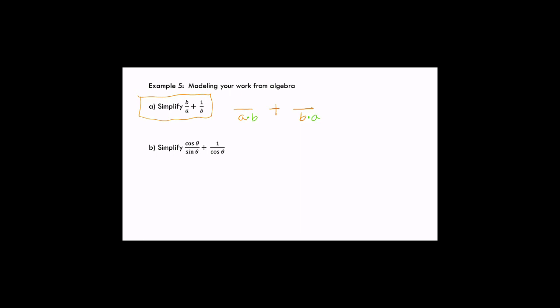Now I have a common denominator, but what I do to the bottom is the same thing that I do to the top, right? So I write the top as it was, but I'm remembering that what I do to the denominator, I do the same thing to the top. And now we can simplify. So we'll have b times b, otherwise known as b squared. We're going to add on the top the other fraction. Now the common denominator is ab.